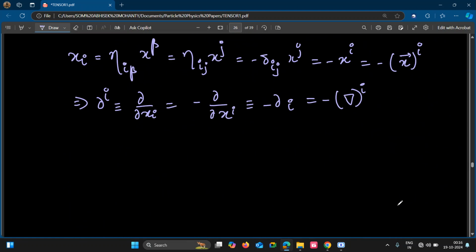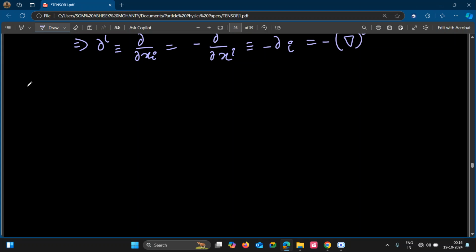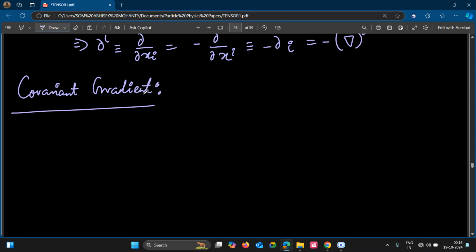Next is covariant gradient. Let's write it down.